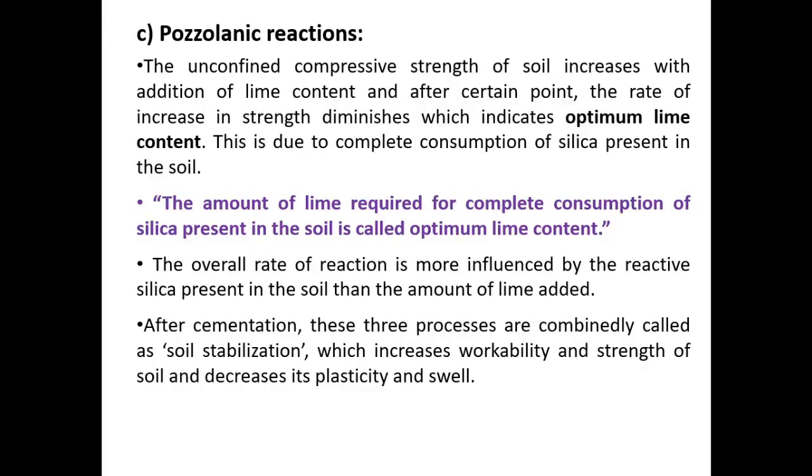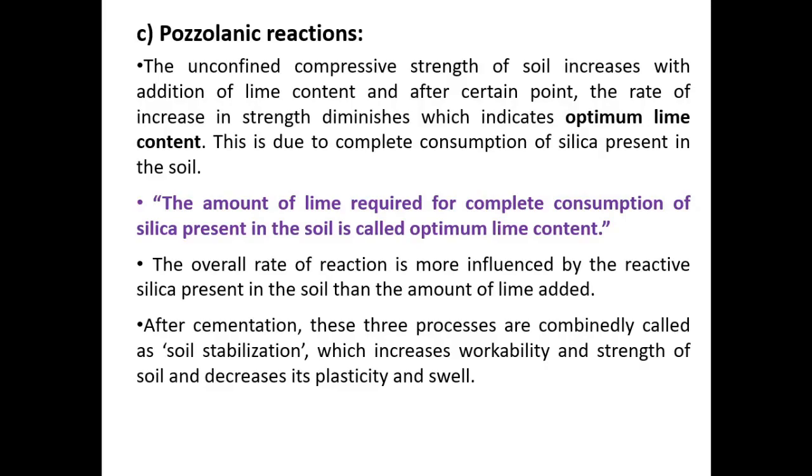There is a continuous rise in the unconfined compressive strength of soil with lime content up to a certain lime content, and with further addition the strength remains constant. This is due to complete consumption of silica existing in the soil. The quantity of lime required for complete consumption of free silica present in the soil is called optimum lime content.